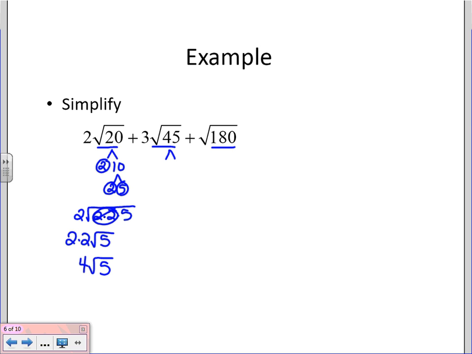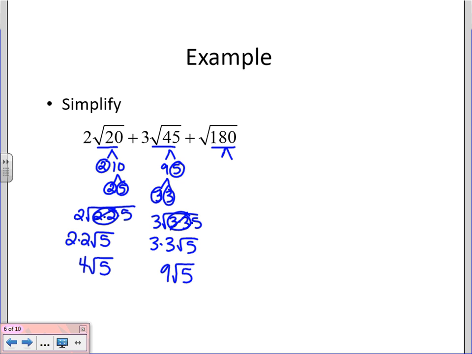Same thing with this radicand, 9 times 5, 3 times 3, 3 square root 3 times 3 times 5. 3 times 3 times square root 5, that's 9 square root 5.